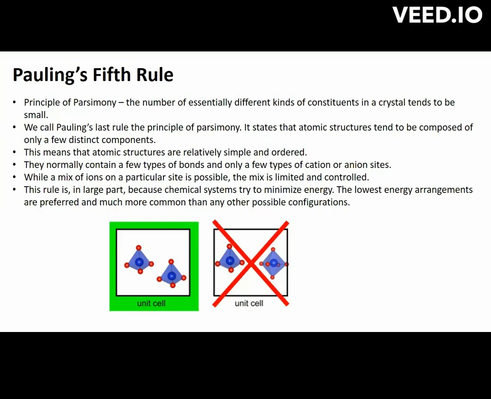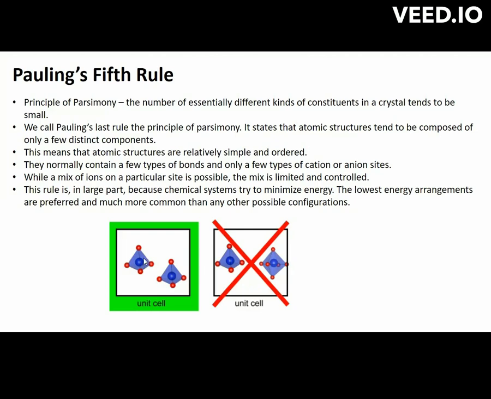It means within a unit cell, we want to see the ions arranged in an orderly pattern in all directions, to give the external appearance of that particular crystal. They normally contain a few types of bonds and only a few types of cation or anion sites.